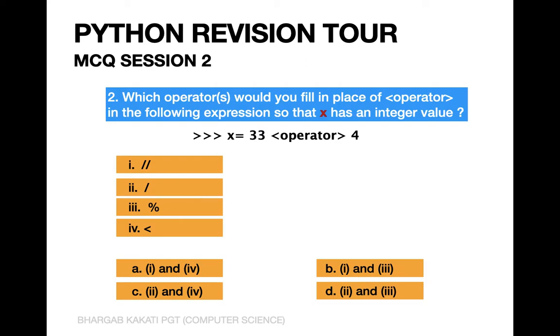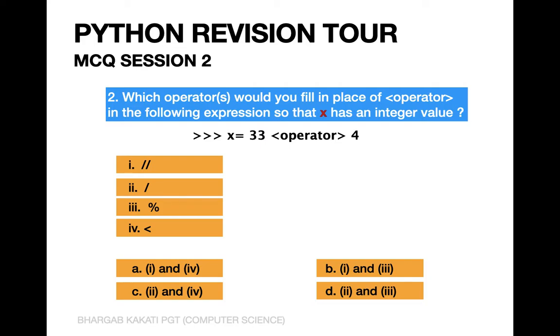So, the first option is //. // is the floor division operator. You should know that the floor division operator truncates the part after the decimal point and the result is always an integer. The second option is the division operator.